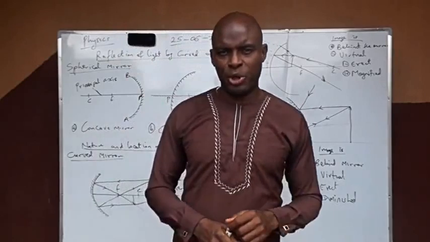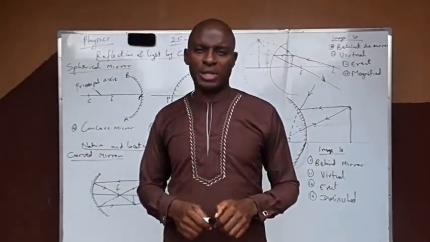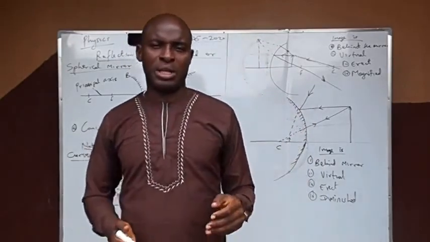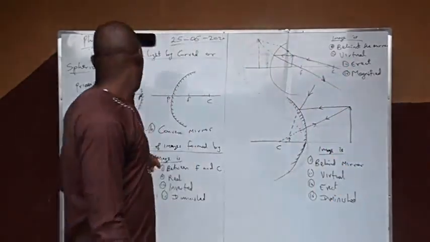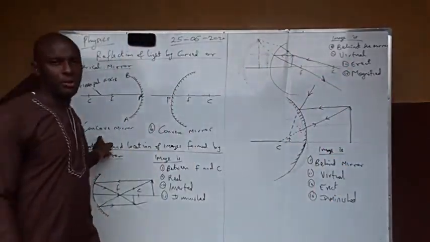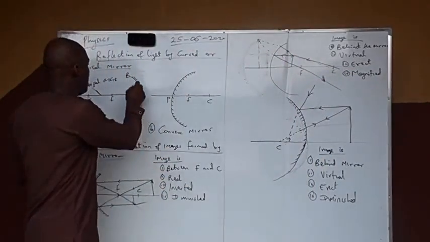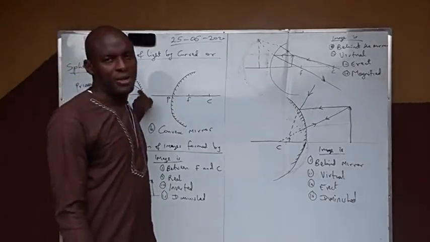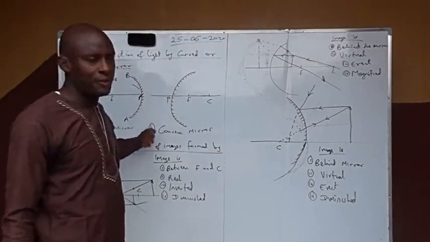For a concave mirror, the reflecting surface of the mirror curves inward, like the inside of a spoon. This spherical mirror can be assumed to be a part of a sphere. For example, this is the concave mirror. This is the reflecting surface of the mirror, and it curves inward, while this one is the silvered surface.